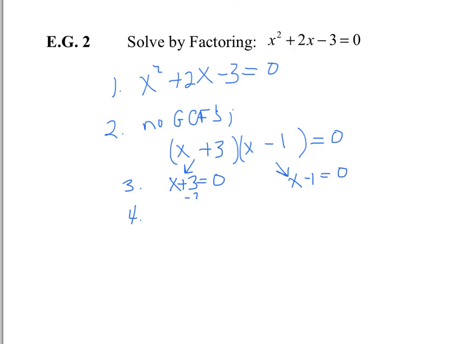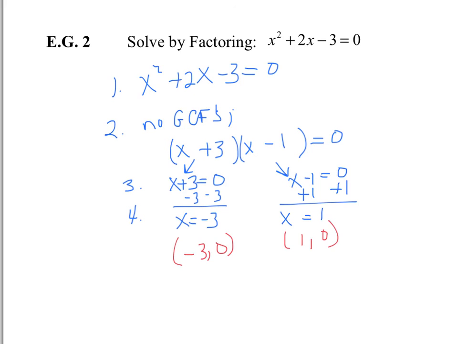We're going to subtract 3 here to get an x value of -3, which we could have figured out just by looking at that right there. Plus 1, x equals +1, and then we know that we'll have -3, 0 for one root, 1, 0 for the second root. And those we know are where the parabola crosses the x-axis.